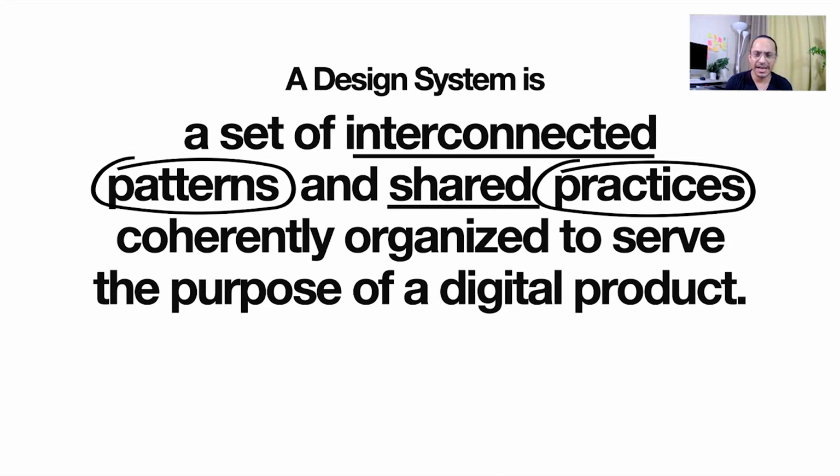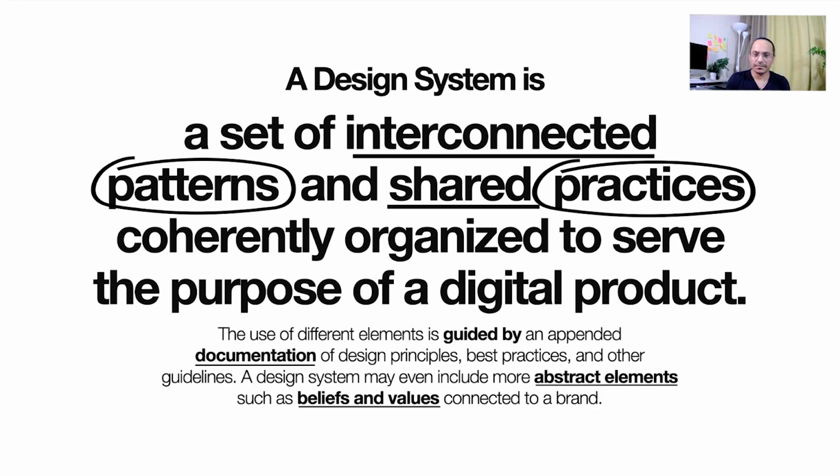I'll talk more about these things, and also the practices, which are basically rules and guidelines. The set is designed and developed just in order to create a good quality product. The use of different elements is guided by an appended documentation of design principles, best practices, and other guidelines. A design system may even include more abstract elements such as beliefs and values connected to a brand.